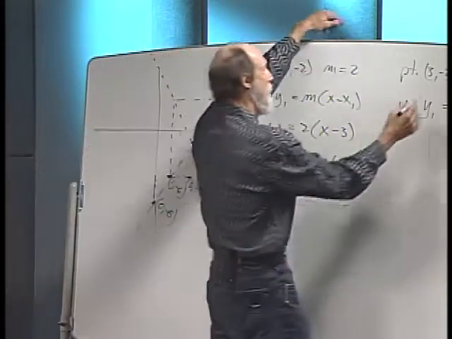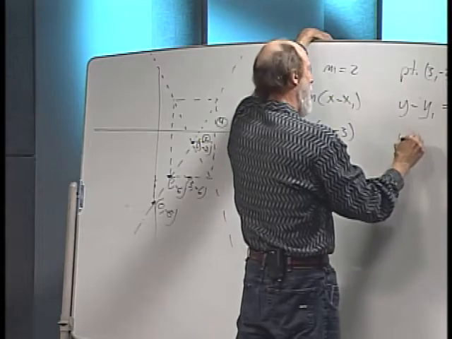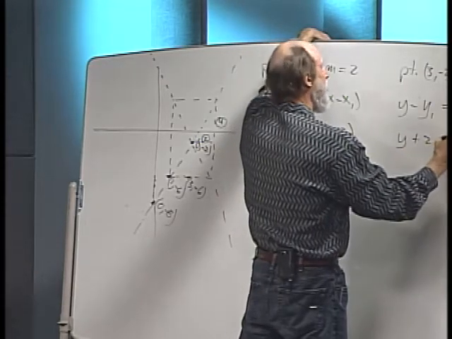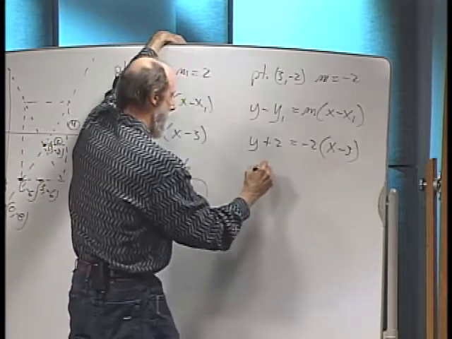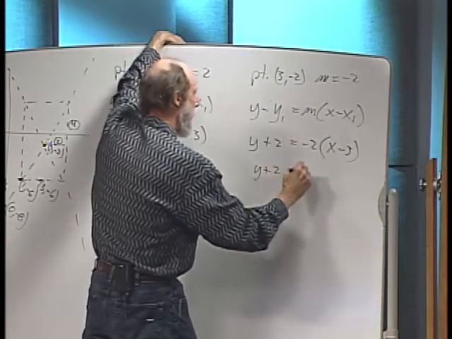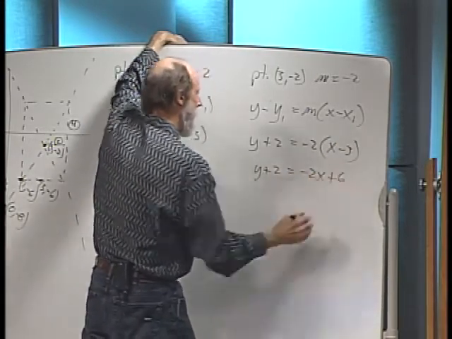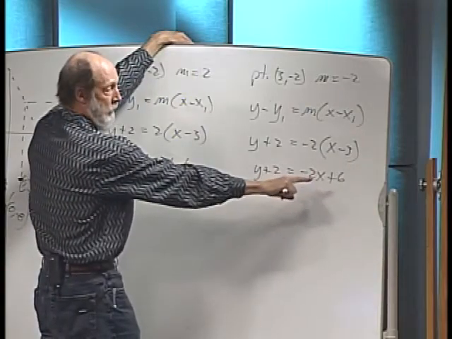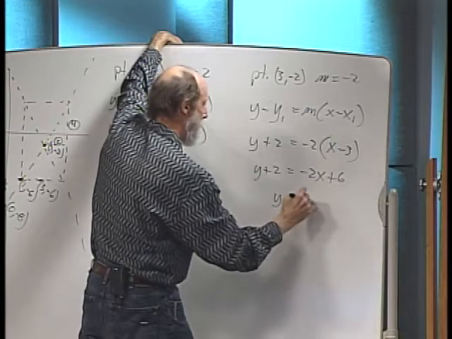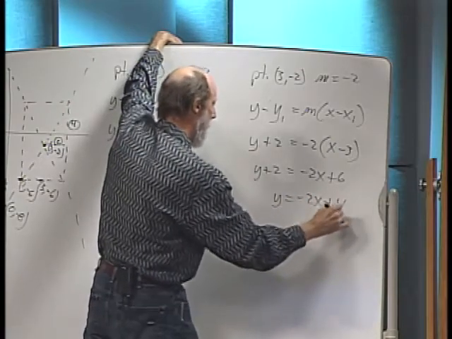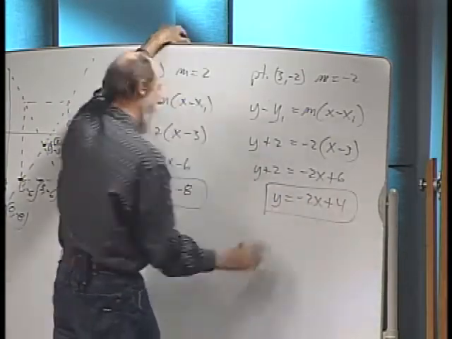Let's do the other one real quickly. y plus 2 again, -2 slope this time, x minus 3, clean it up. We get y plus 2 equals minus 2x plus 6, move the 2 over through subtraction, and we get minus 2x plus 4 for the other asymptote.